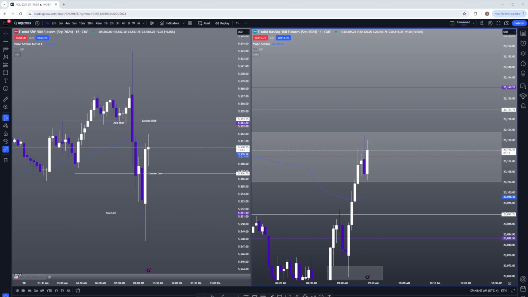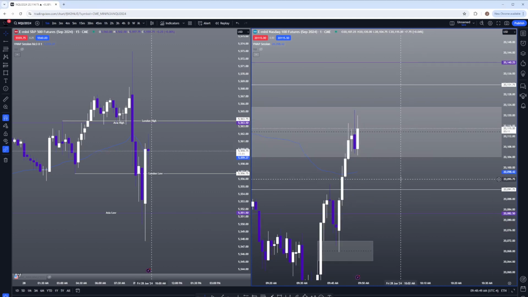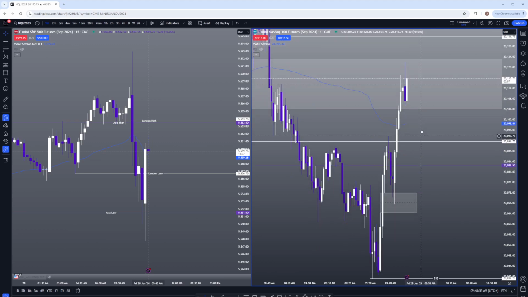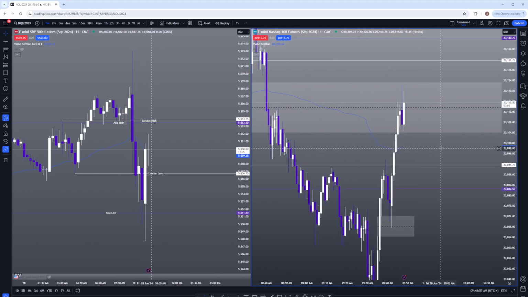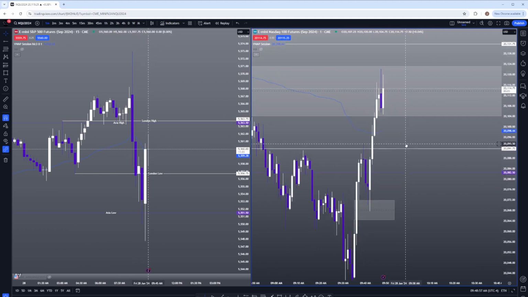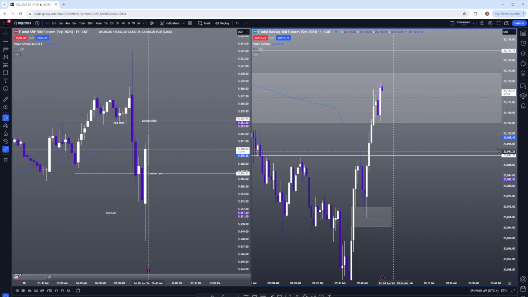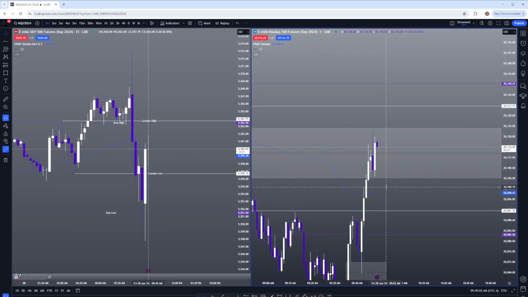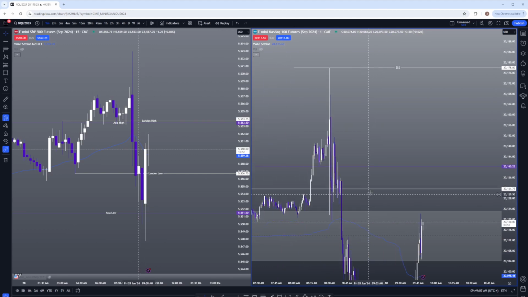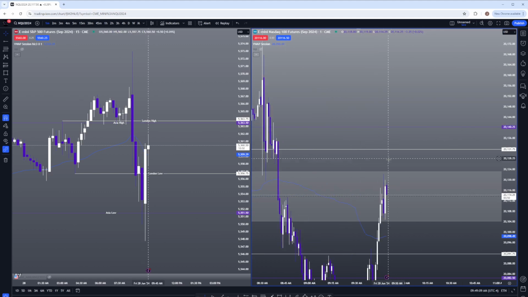I would need to see a lot of confirmation here. We are in silver bullet, and we initially came up and grabbed a bunch of buy-side liquidity. So now I'm just waiting to see if we're really going to have enough strength to try to push through these resistance levels. And if that's the case, then we'll still have a lot of reward to be had up to the high of the day.